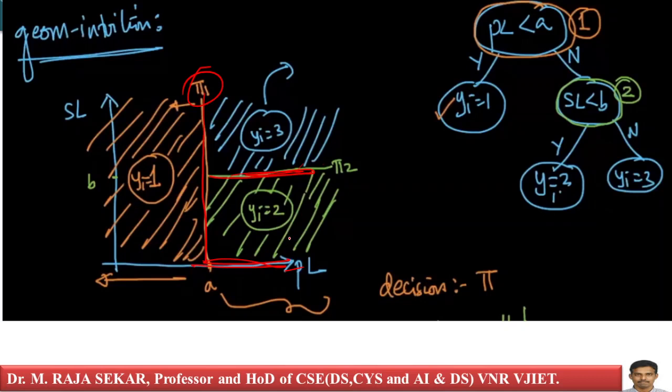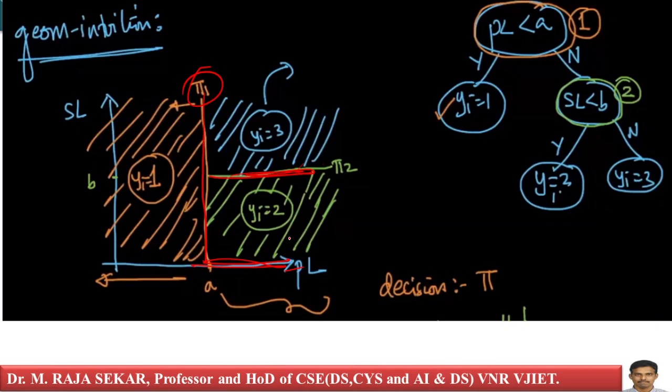This is because you are using a less-than type of constraint for the simple decision trees that we are discussing here. All separating hyperplanes, all decision hyperplanes, are parallel to either the x-axis or y-axis. Even in high dimensional space, the same thing will work.